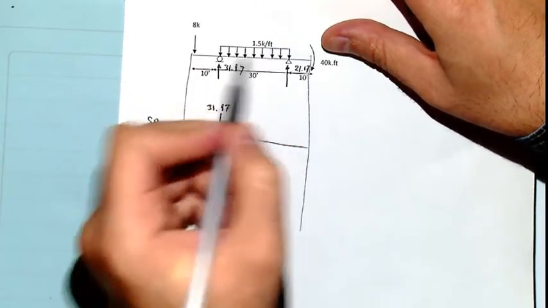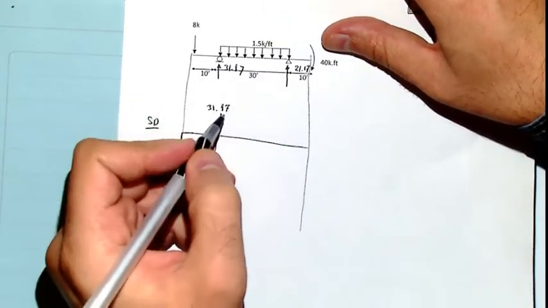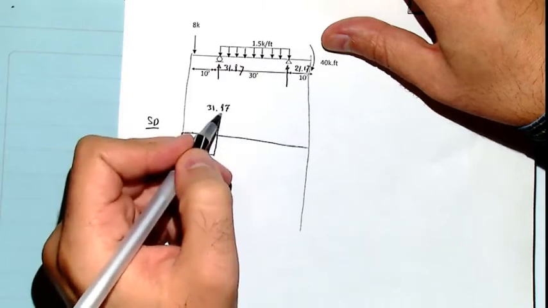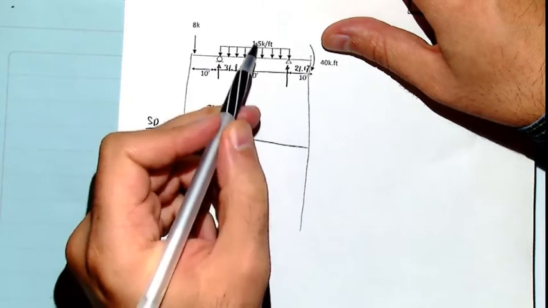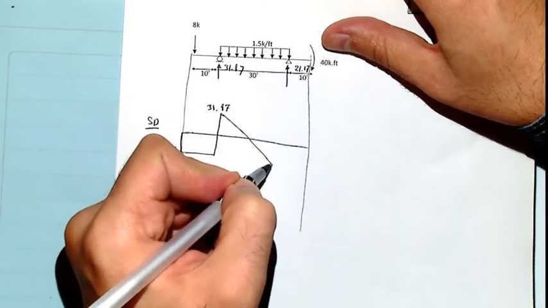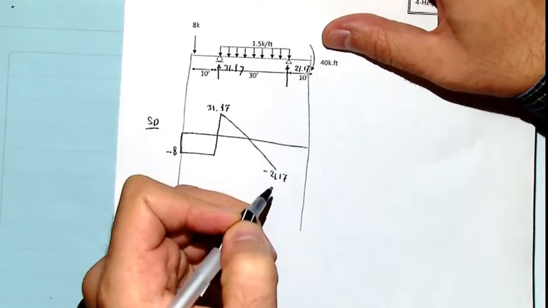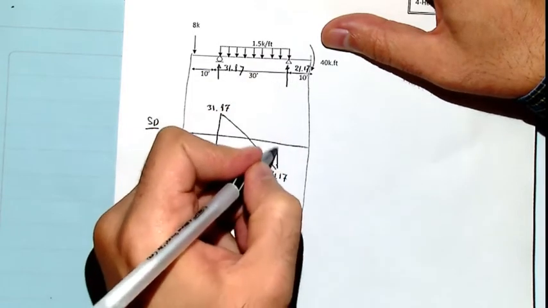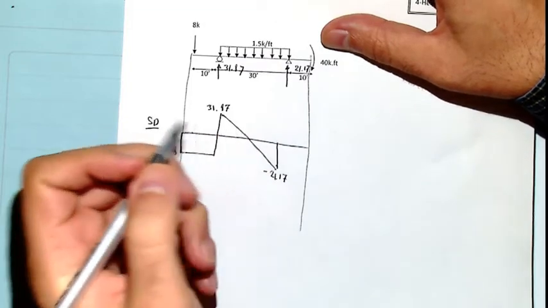And then from here to here, it's a distributed load downward, straight, so it will change to linear, and downward, how much? 1.5 multiplied by 30, and we reach here, which would be minus 21.17. Then 21.17 upward, and there is no other load here, so it shows that my calculation is correct.